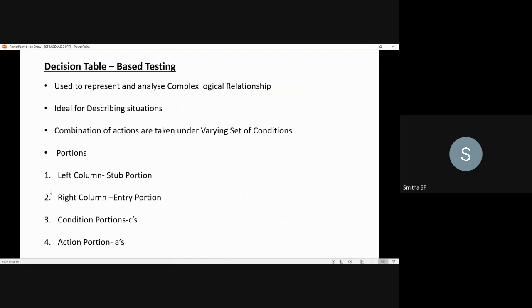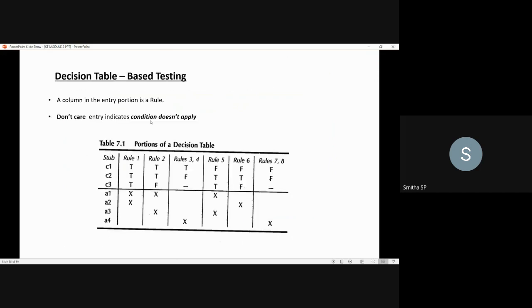Then there are the other two portions, the condition portion and the action portion. We represent them as c's and a's, that is c1, c2, likewise, and actions a1, a2, likewise. Now you can see how the decision table looks.